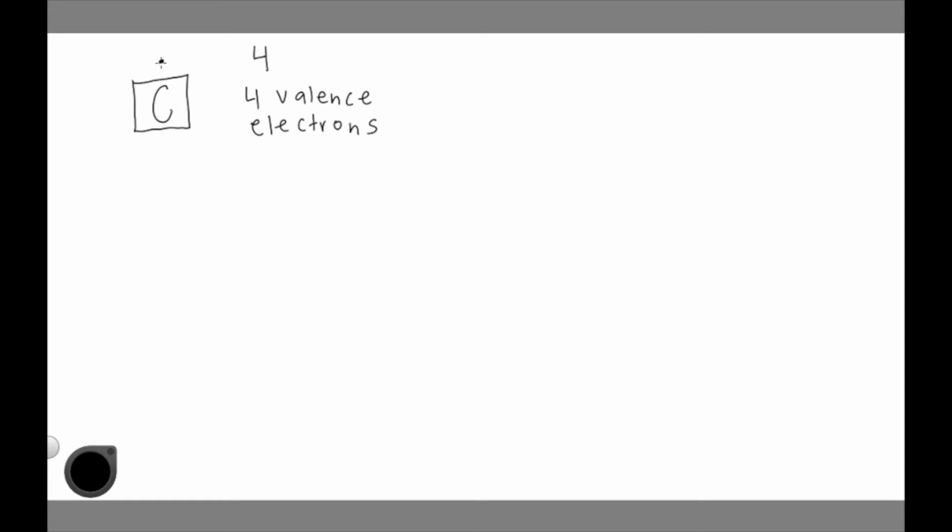So 1 electron here, 1 electron here, 1 electron here, and then 1 electron here. It doesn't matter which side you start with or the order with which you place the electrons, as long as you fill each side of the box with 1 electron before moving on to the next side.